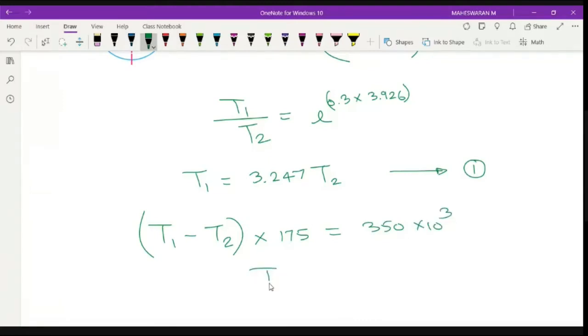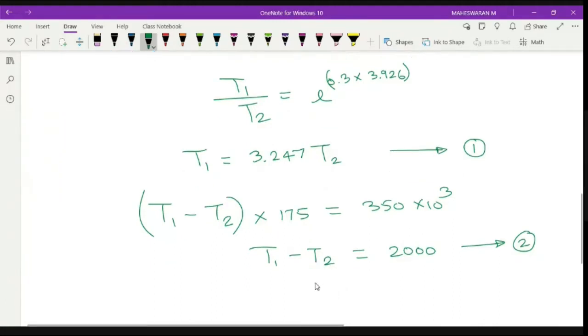Which means T1 minus T2 is equal to 350 into 10 power 3 divided by 175, and you get 2000. This is equation 2. So you can solve 1 and 2 to find the value of T1 and T2.